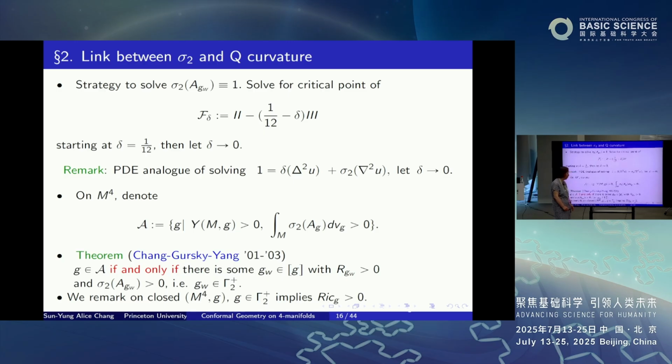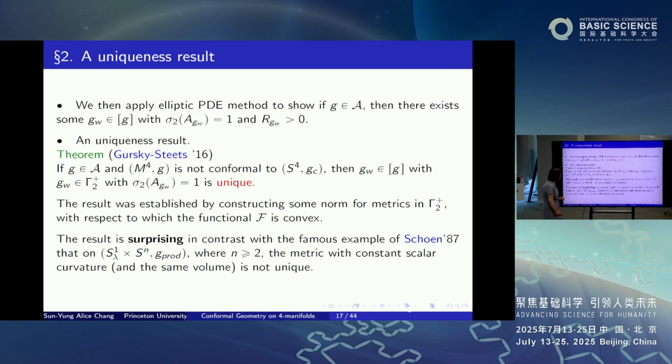This is an if and only if condition, and the surprising thing is the if and only if. This sigma 2 is interesting in 4 manifolds because a positive 2 cone metric in 4 manifolds is Ricci positive. So there are geometric consequences. Okay, and that's all I want to mention about this work from a long time ago.